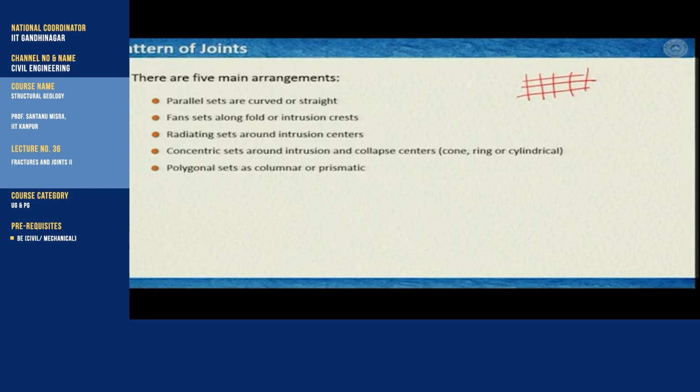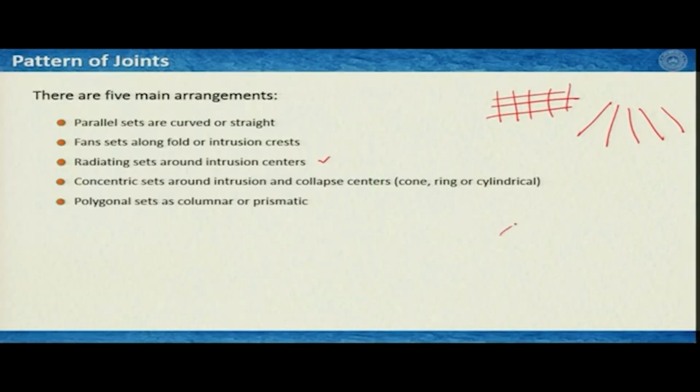Then fan sets, so joints can radiate like this. Then radiating sets around an inclusion center, and you particularly see these radiating joints in pillow lavas. So, when the pillow lava cools, it generates radiating joints like this.